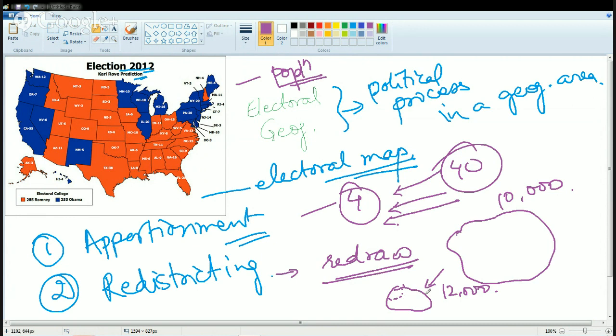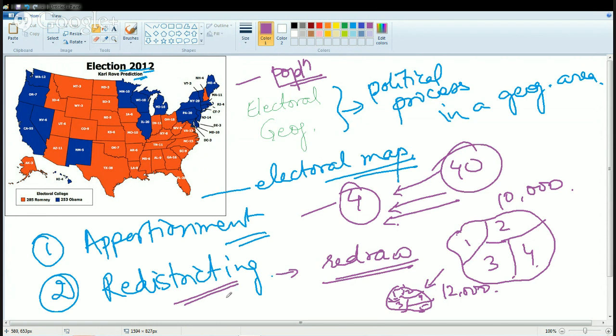That is the restructuring or redrawing of the seats. For example, here are seats 1, 2, 3 and 4. I would be redrawing the electoral boundaries, and I can make it 1, 2, 3, 4 and 5. That is one option. Or I can include this area and increase the number of candidates from that area. That is basically redistricting.